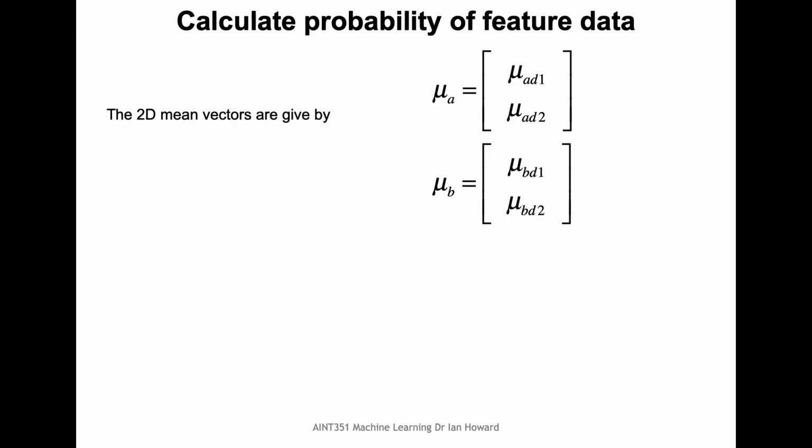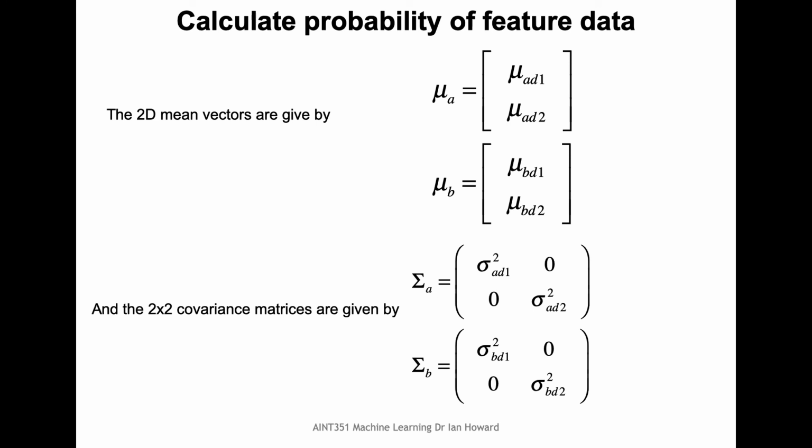So after we've done that, for class A we'll end up with a mean vector, in this case, because it's two-dimensional, with the mean for feature 1 and the mean for feature 2, and for class B, the corresponding mean for feature 1 and mean for feature 2. And we'll end up with our corresponding covariance matrices.